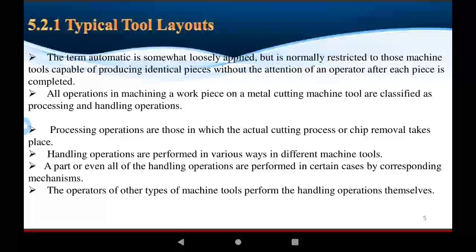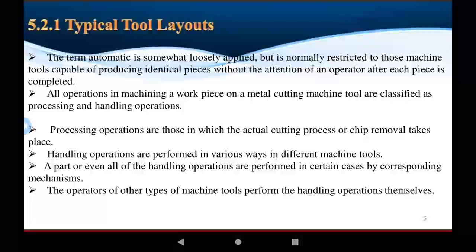Okay, and the coolant is also given by the command. The coolant also stops automatically, and the coolant also starts before starting the manufacturing operation with the help of machines.